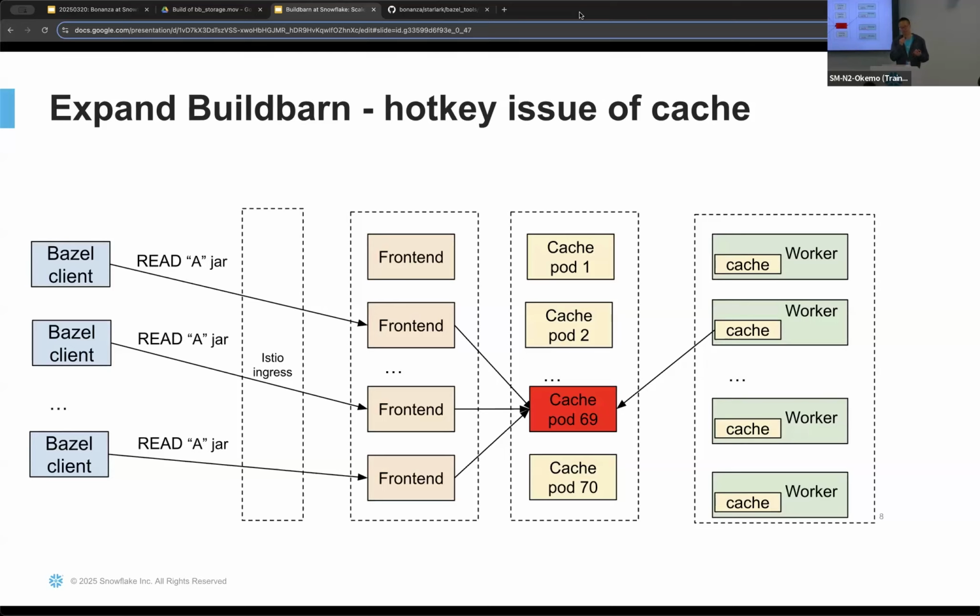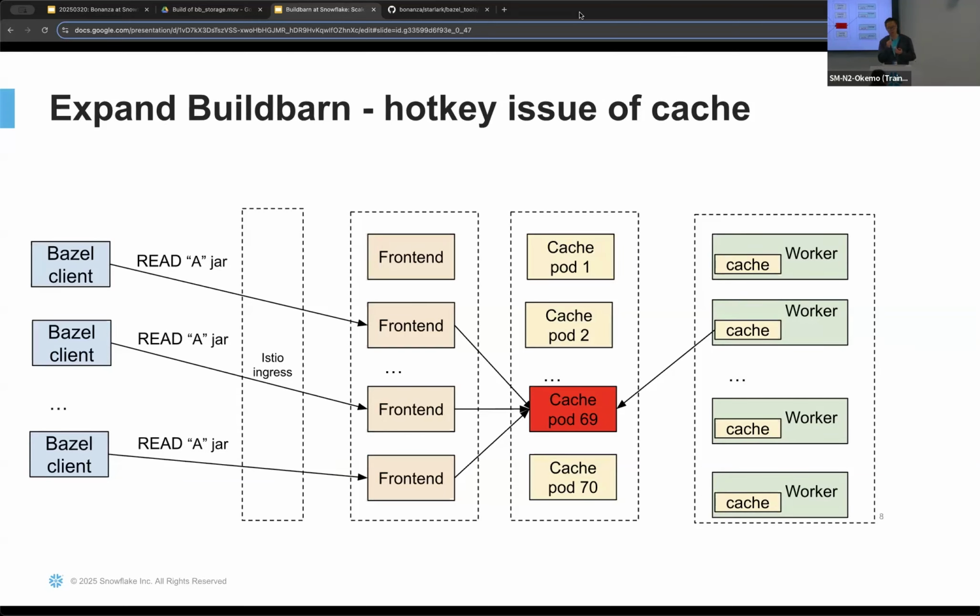Here we call it A jar in this example. All of this traffic to read this A jar goes through the front end, and they end up hitting the same cache pod. Because the traffic volume is so large, this single cache pod ended up failing over, and we had a significant performance degradation, and eventually it caused the incident.